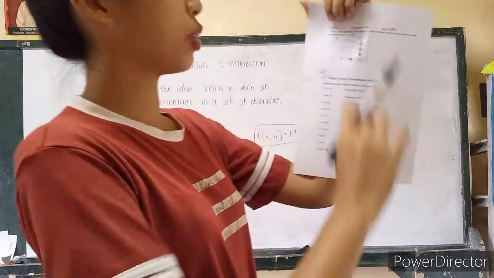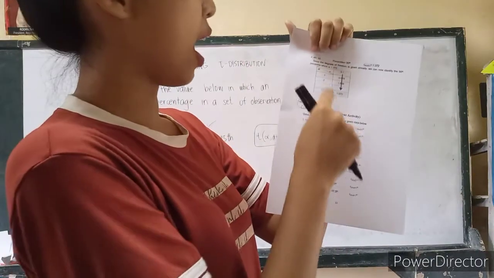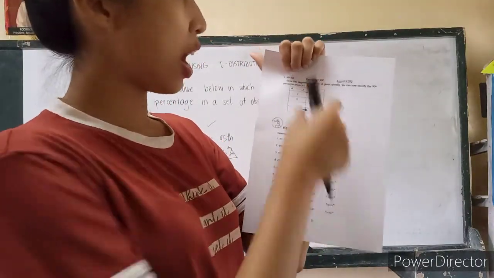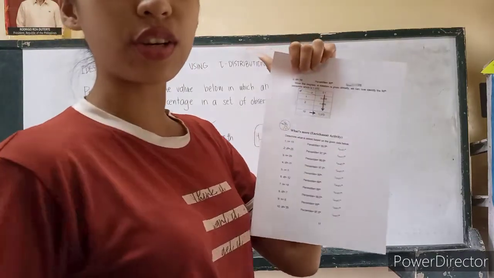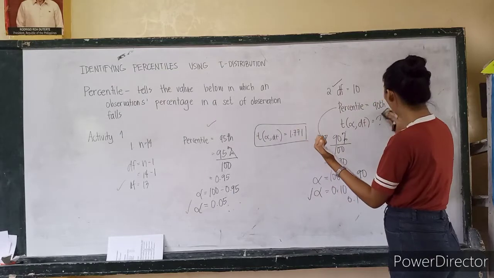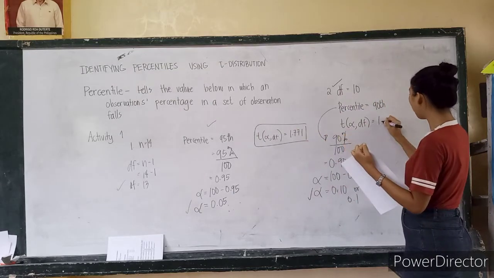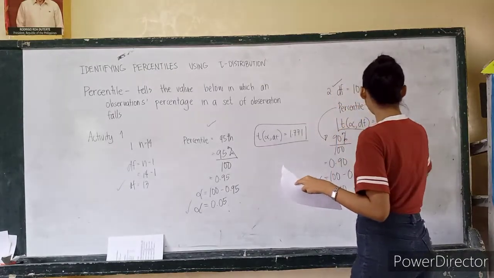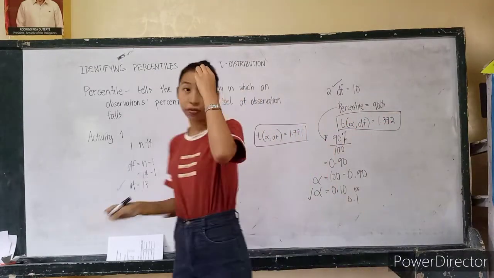So, we are going to use our table. We have 10 for df and 0.1 for alpha. When we find the intersection, our final answer for this item would be 1.372. That is our t-value.